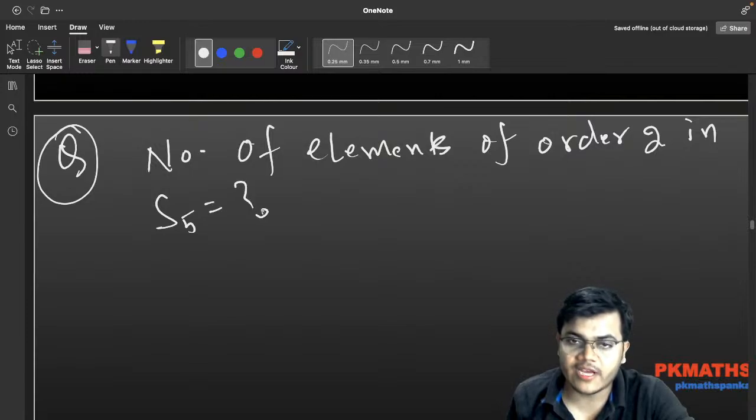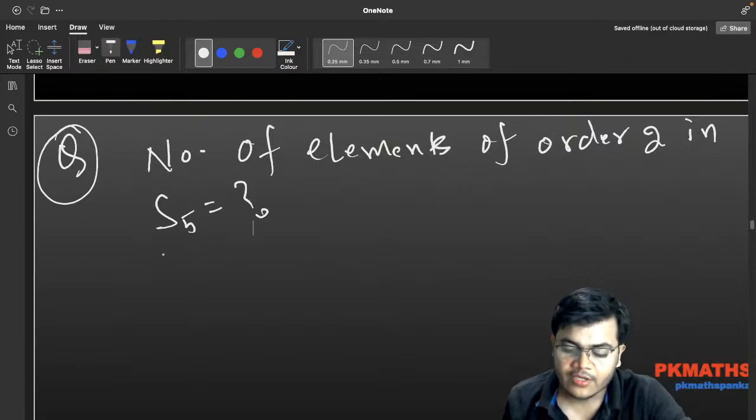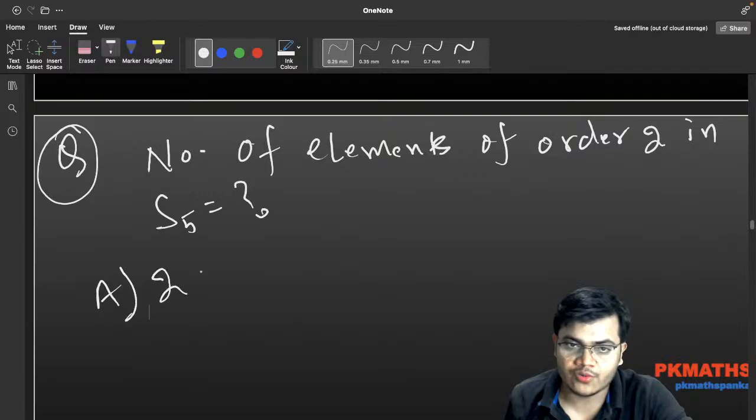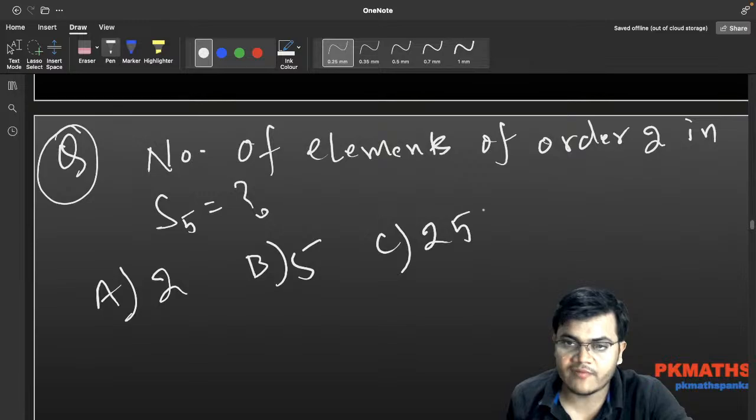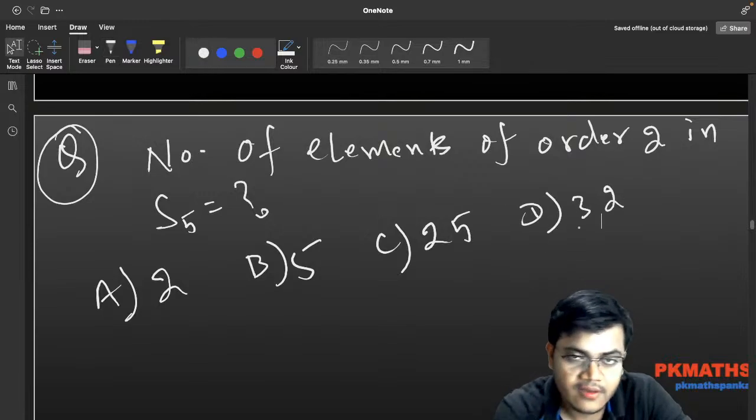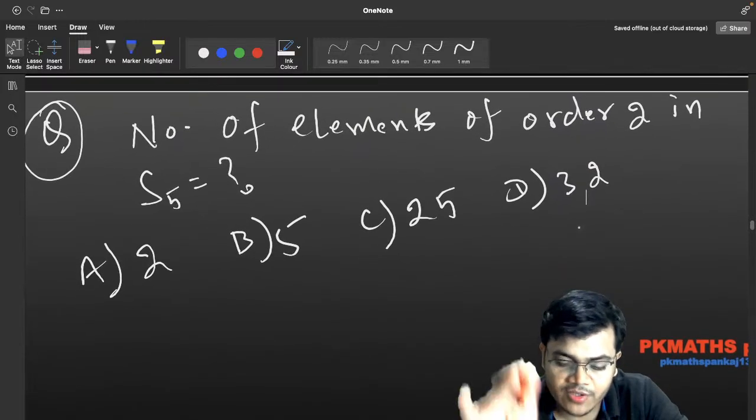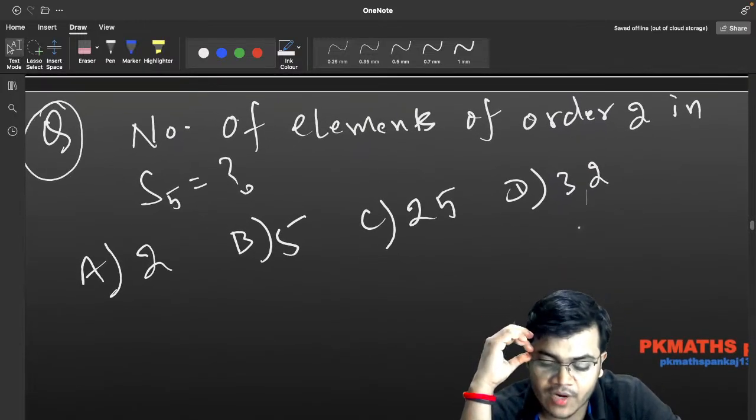How many elements of order 2 will be there in S5? You just need to say option A is 2, option B is 5, option C is 25, and option D is 32. So what do you think? Number of elements of order 2 in S5, what do you think?